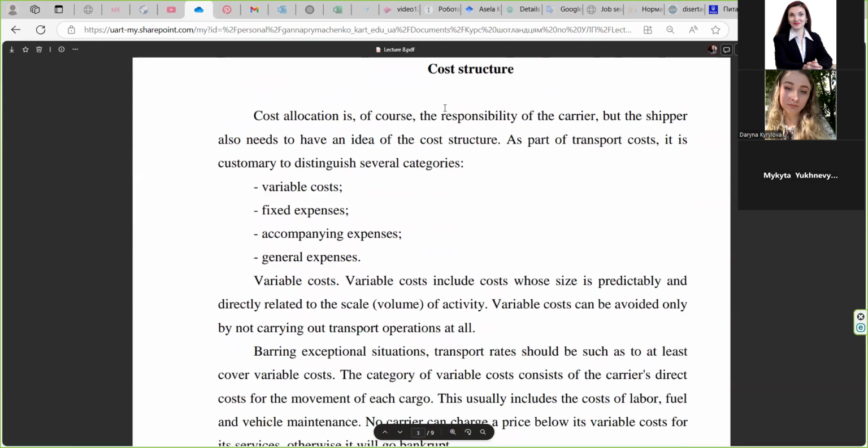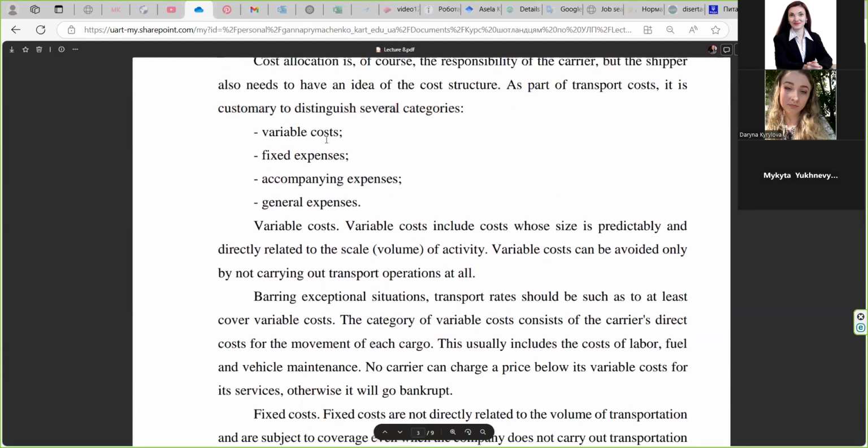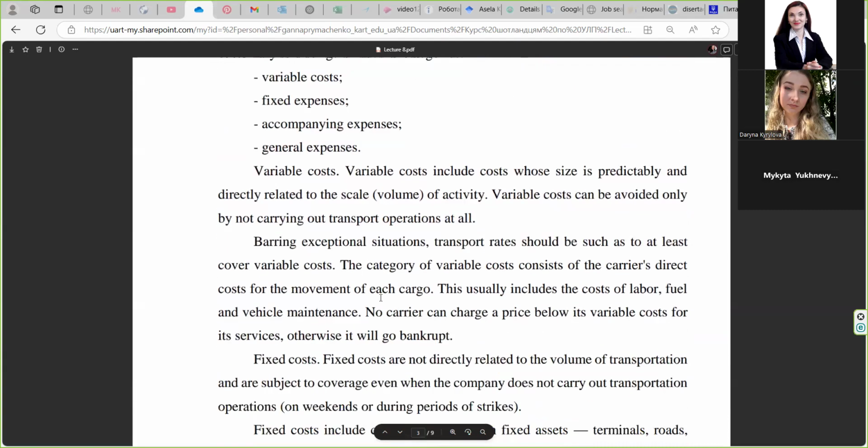As part of transport costs, it is customary to distinguish several categories. For example, variable costs, fixed expenses, accompanying expenses, general expenses, and now we could analyze this position and discuss.